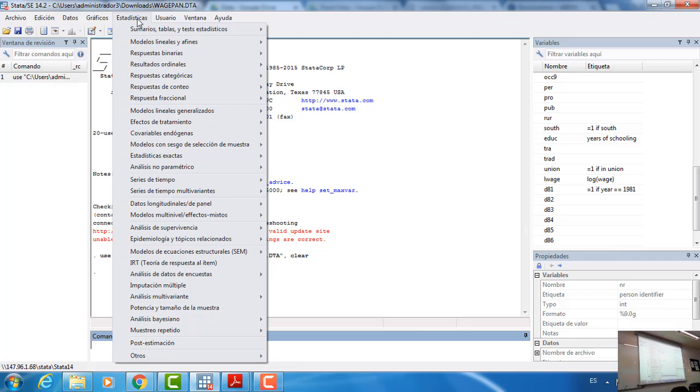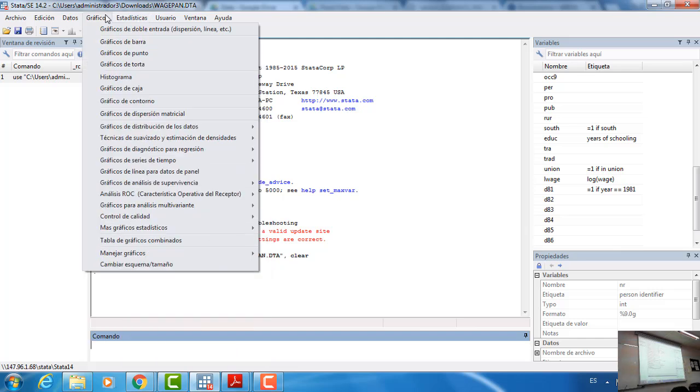I know that a lot of people don't show how to use the windows in Stata courses, and the reason is that they want to be seen as smart people because they remember a few commands. But that is not the case. You have to use the windows, and the windows are much more flexible than just using commands. Of course, if you're going to reuse the commands all over again, then you have to go to recycling.